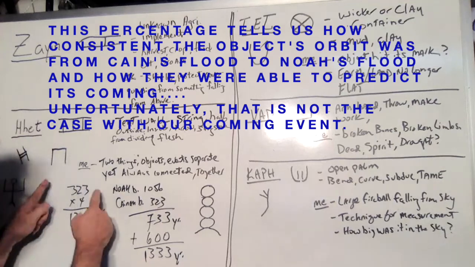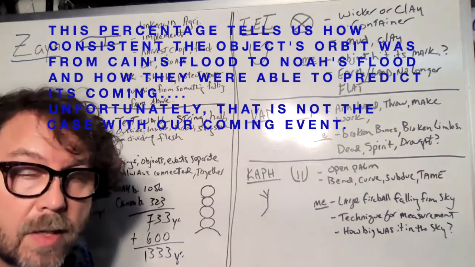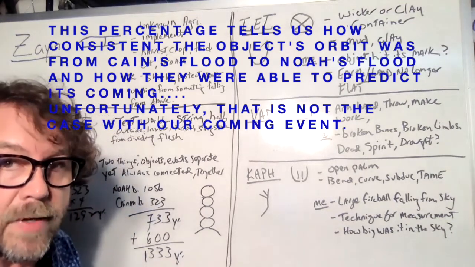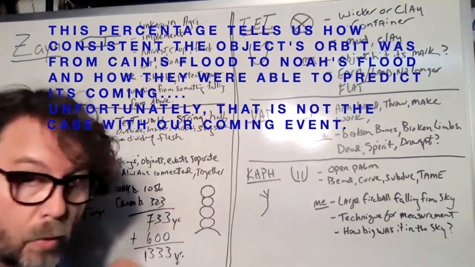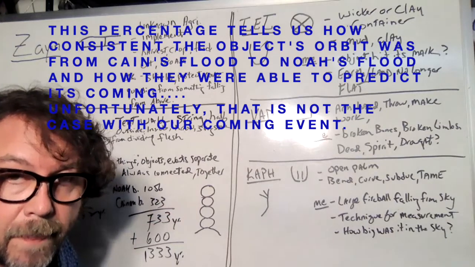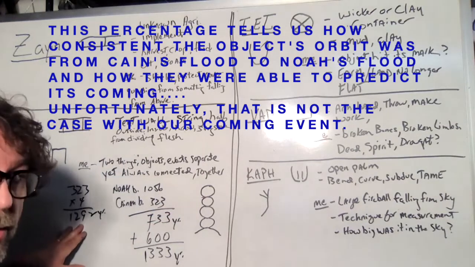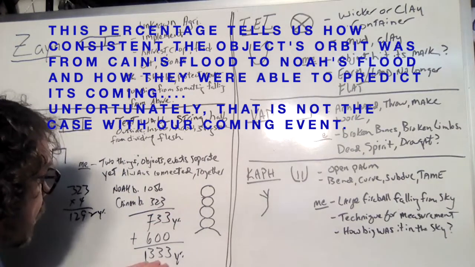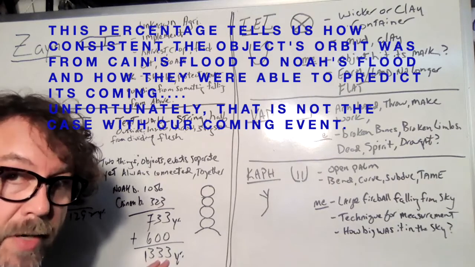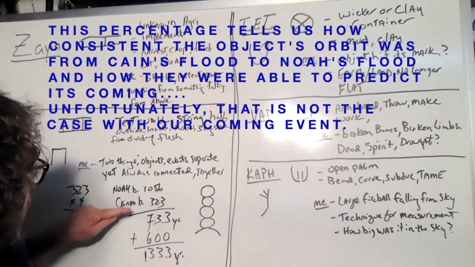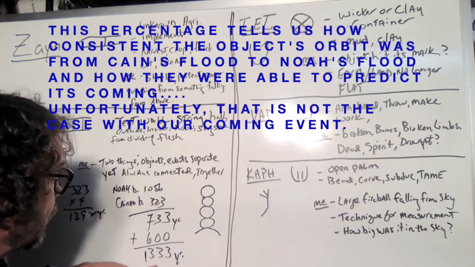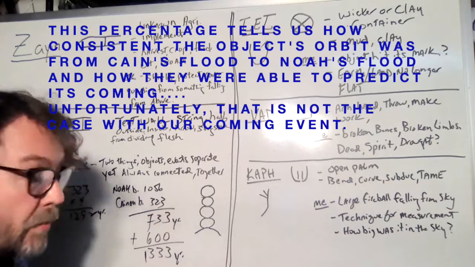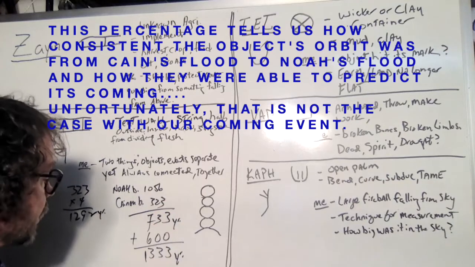So this right here represents the total number of years taken, 323 years, multiplying it by 1, 2, 3, 4. That gives you 1,292 years. There were 1,333 years between the birth of Canaan, the first time it came around, and Noah's flood.